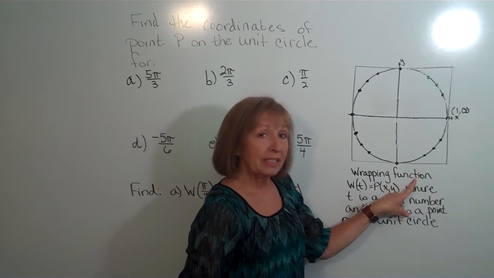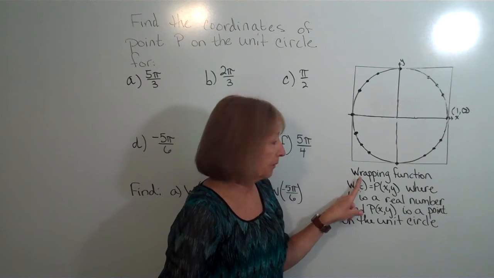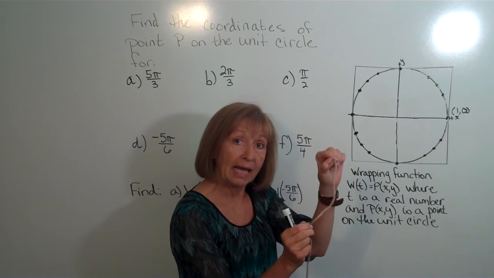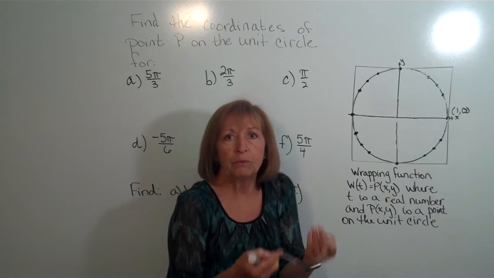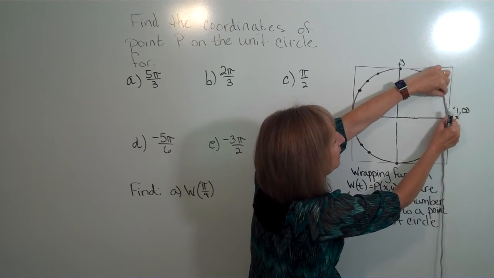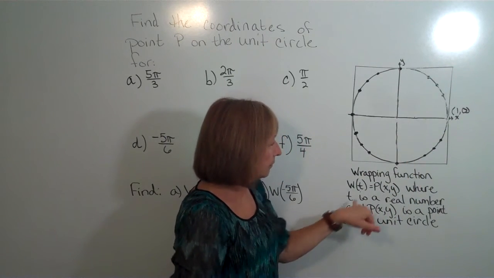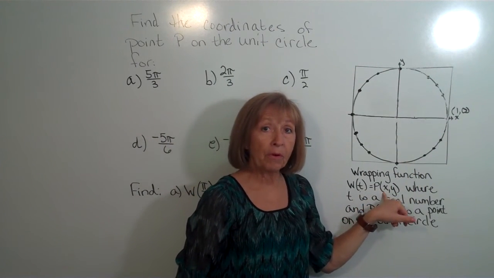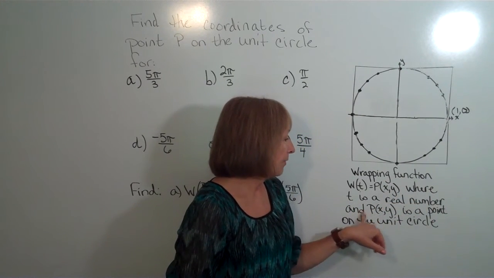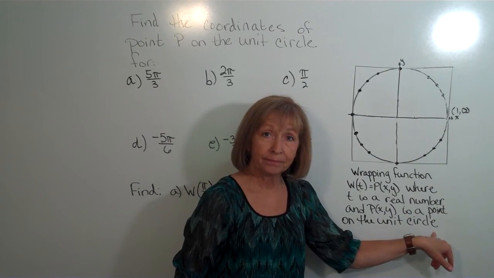Now the wrapping function itself is defined to be, well, they just use the first letter of the word wrapping, w. So w of t, t is the real number of the arc length that's around the outside edge of the unit circle. So t would be like the pi over 2 that I did, or if you did like a pi over 6 for your real number arc length, is equal to the point x, y, where t is a real number and the point x, y is a point on the unit circle.